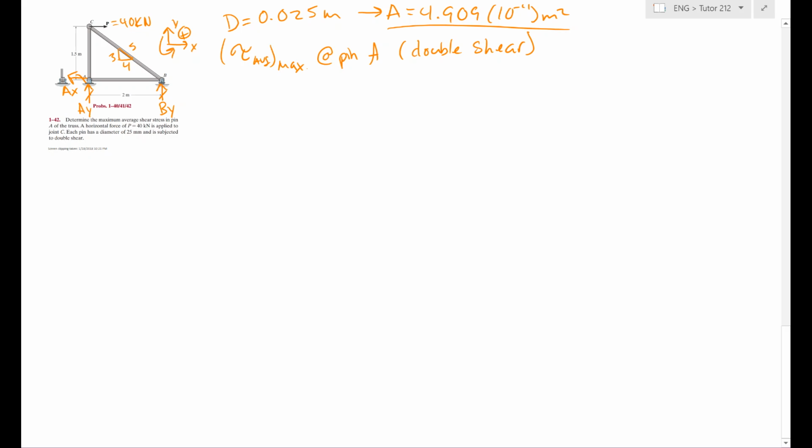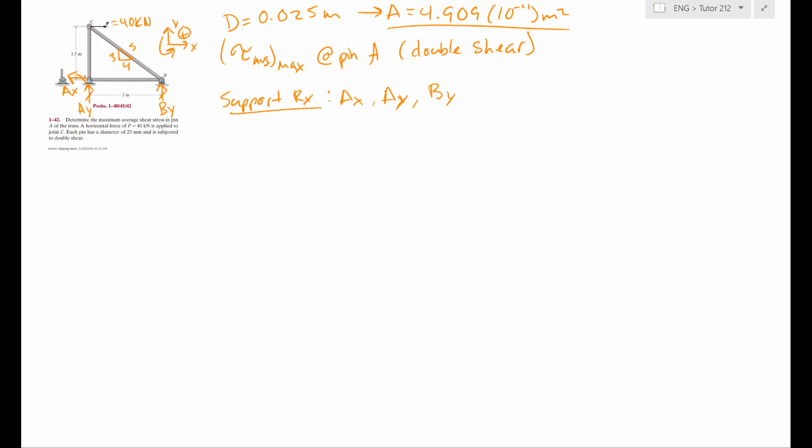All right, so first step, we'll go ahead and find our support reactions, which will be AX, AY, and BY, because we got a pin at A and a roller at B. All right, so we have 3 equations and 3 unknowns. Works out perfectly.